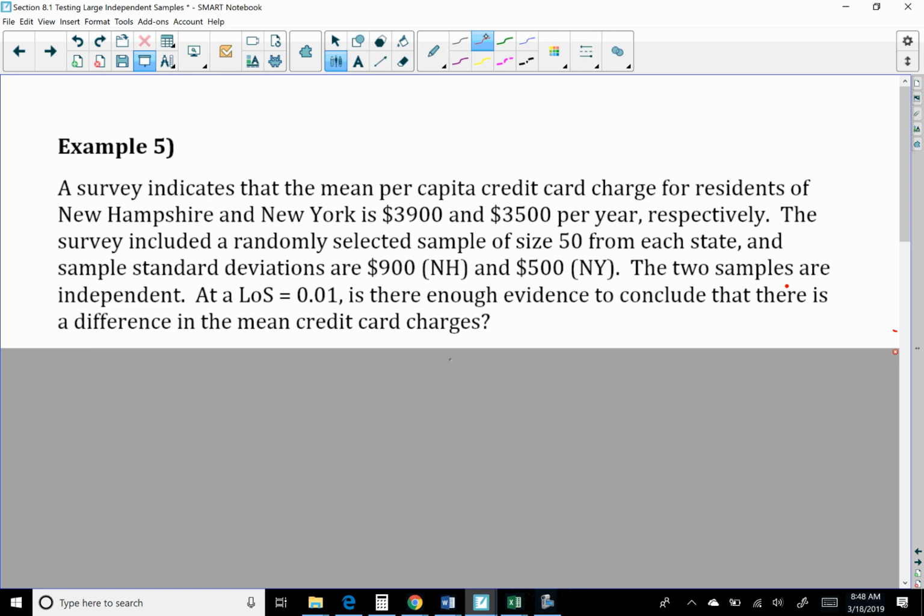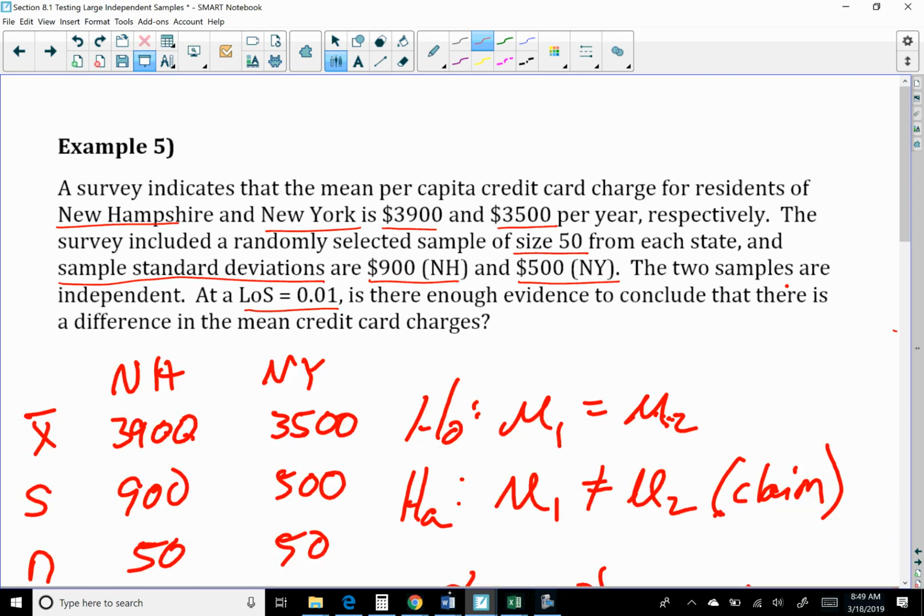So, again, important information. We have sample means of 3,900 and 3,500 for New Hampshire and New York. Sample sizes of 50 from each state. Sample standard deviations of 900 and 500. And the 2 samples are independent with a level of significance of 0.01 as part of our test. So we just need to create our own table in this case.